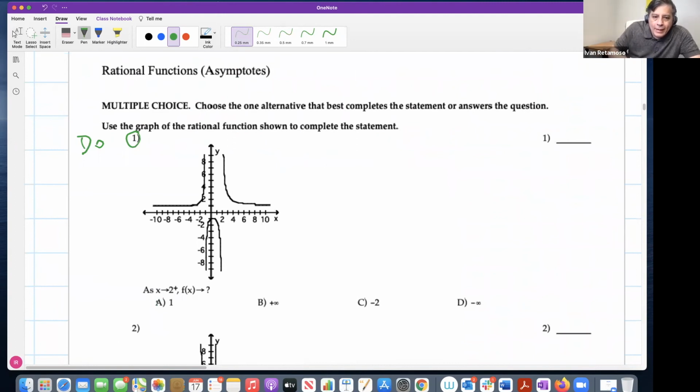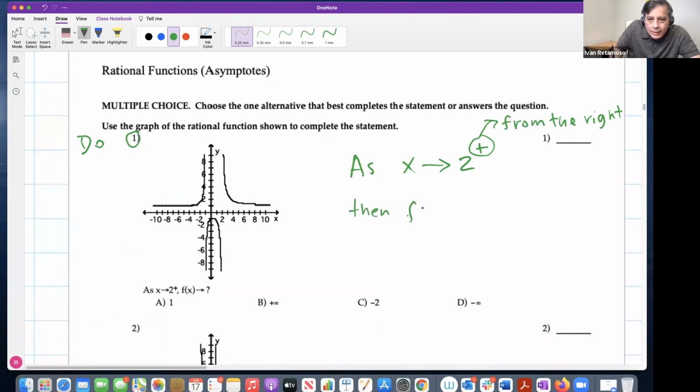Basically, they are saying, as x approaches 2, there is a positive sign, hint, this means from the right. As x approaches 2 from the right, what is happening with f of x? Can you figure this out? Is it going to positive infinity, negative infinity, 0, 1, negative 1? Try to figure this out, guys.